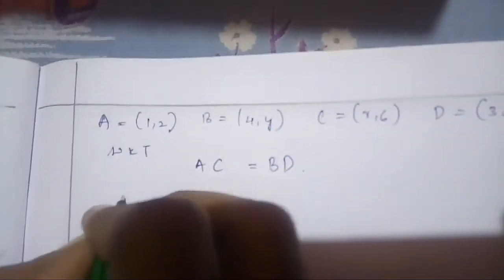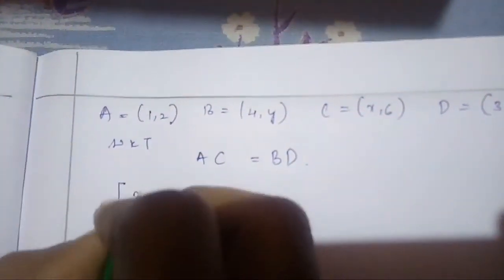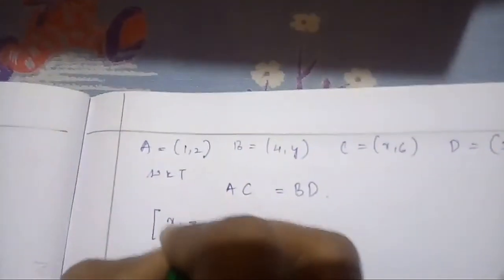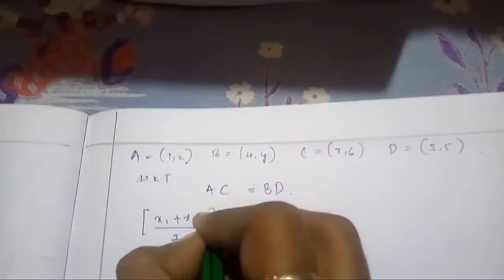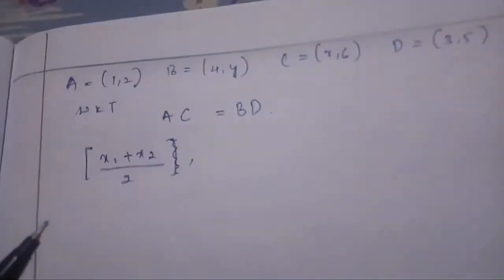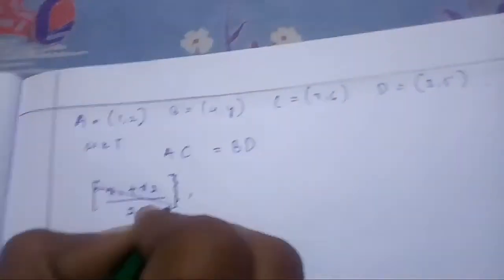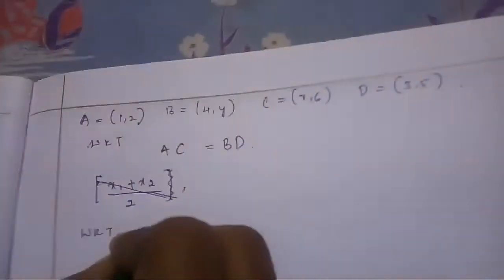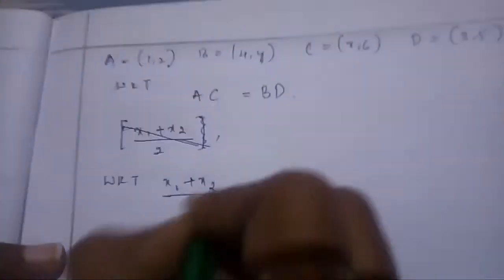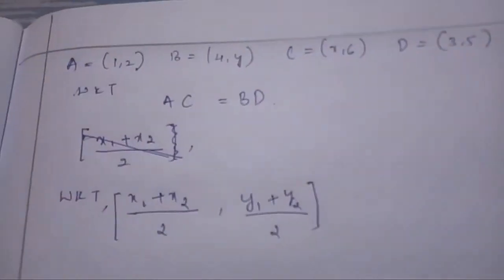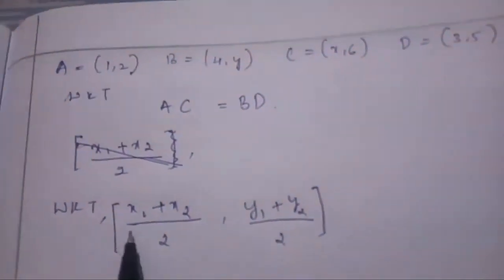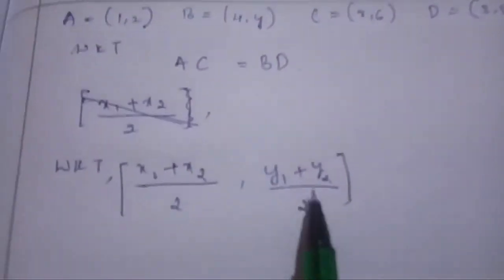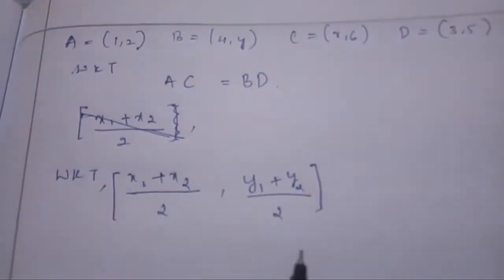We know the midpoint formula, that is (x1 + x2) divided by 2, (y1 + y2) divided by 2.